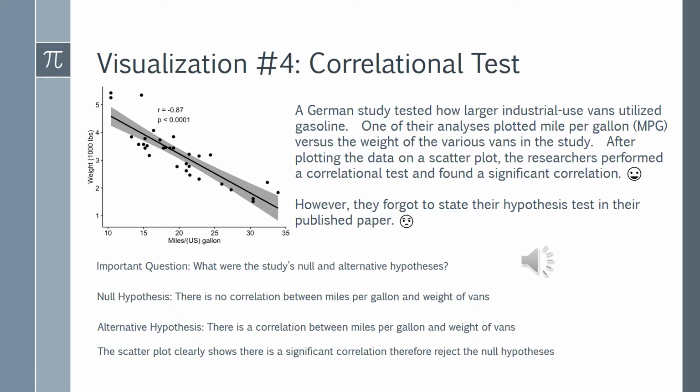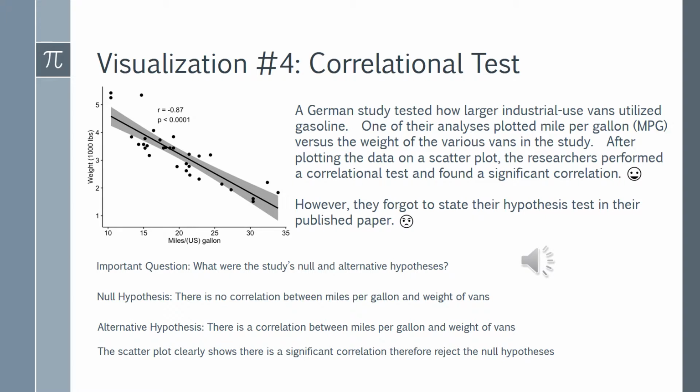I concluded that the null hypothesis states there is no correlation between miles per gallon and weight of various vans. And the alternative hypothesis is there is a correlation between miles per gallon and weight of various vans.